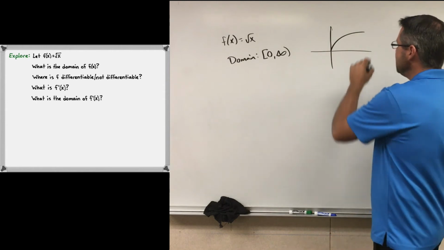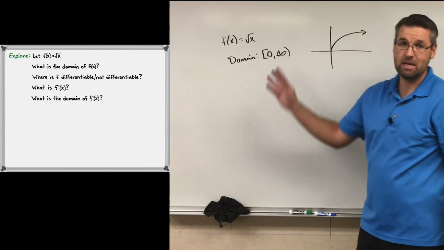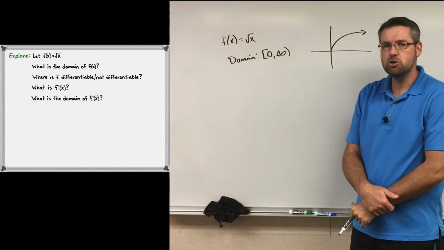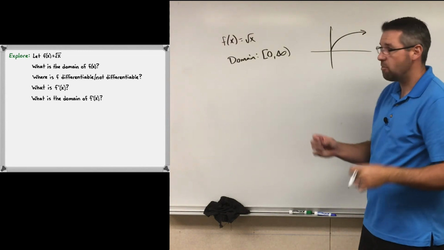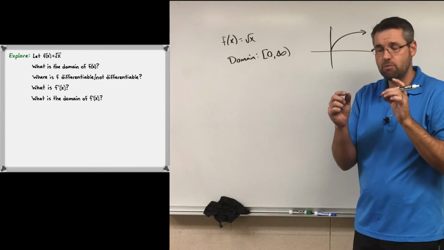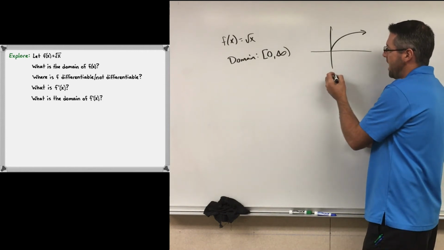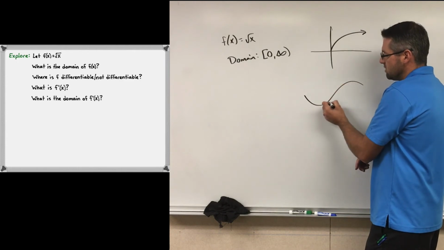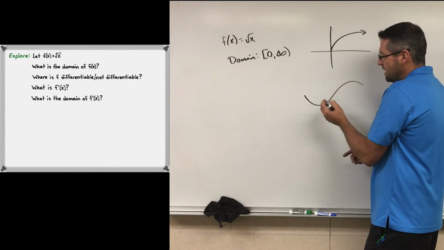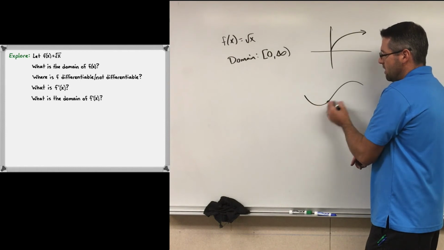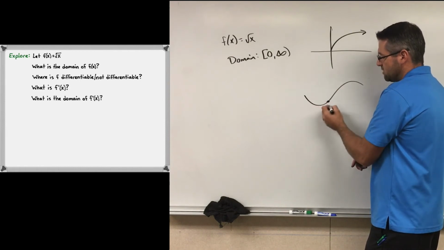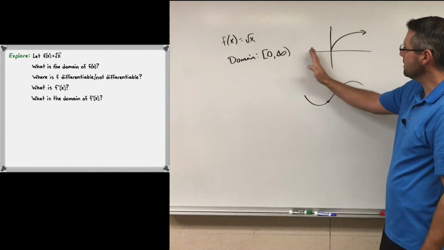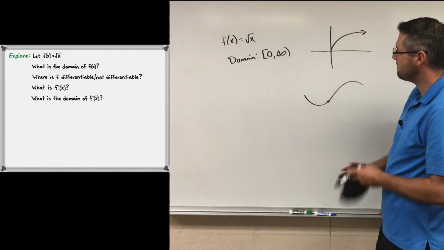A function is not differentiable at an endpoint because you need to be able to approach the point that we want the slope at from the left and from the right. So if I have a curve that looks like this and I say find the slope at this point, technically, remember the left-hand derivative and the right-hand derivative, or the left-hand slope, has to match the right-hand slope. In this case, you can't get a left-hand derivative because there's nothing to the left of 0.